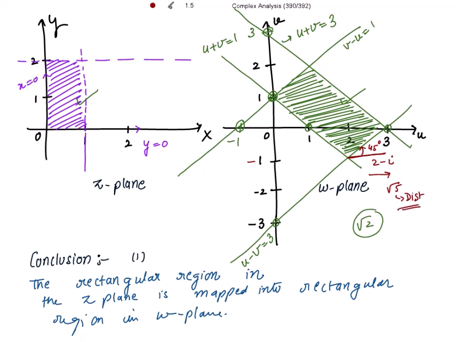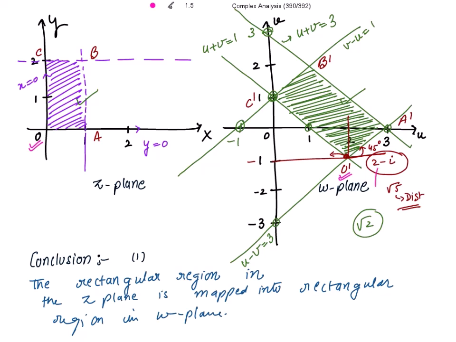Right? That means here if I take the points A, B, C, these A, B, C points are transformed into the points A dash, B dash, C dash, and this is O dash. The origin in the Z plane is transformed into the point 2 minus iota, right?